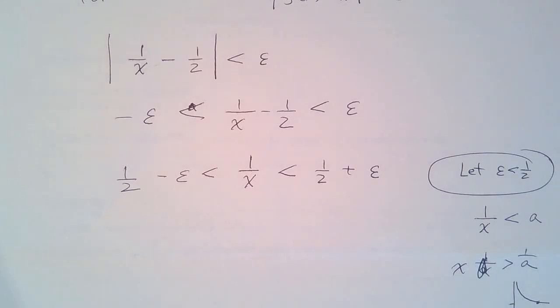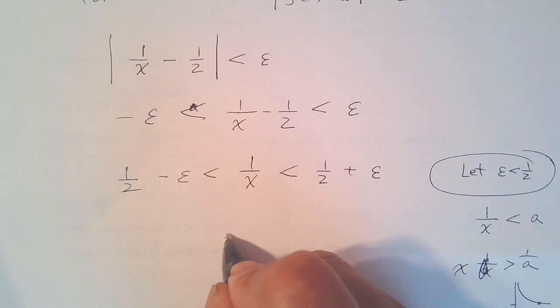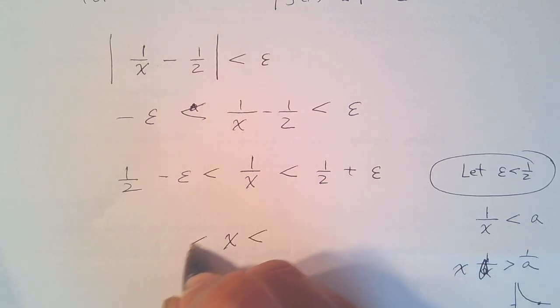So when 1 over x is less than 2, then x must be greater than 1/2. When x is greater than 1/2, then 1 over x is less than 2. That's what it says. Okay, so we're going to flip it and change the direction.